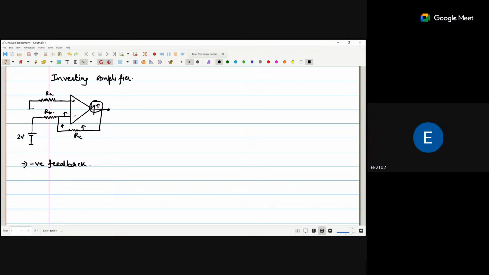In oscillators also we use the positive feedback. Except this, if we are using it as an amplifier, as a summer amplifier, as a difference amplifier, as an inverting, as a non-inverting, everywhere we are using the negative feedback. Okay, sir. Clear. If we are talking about the amplifier, always use the negative feedback. Remember this.